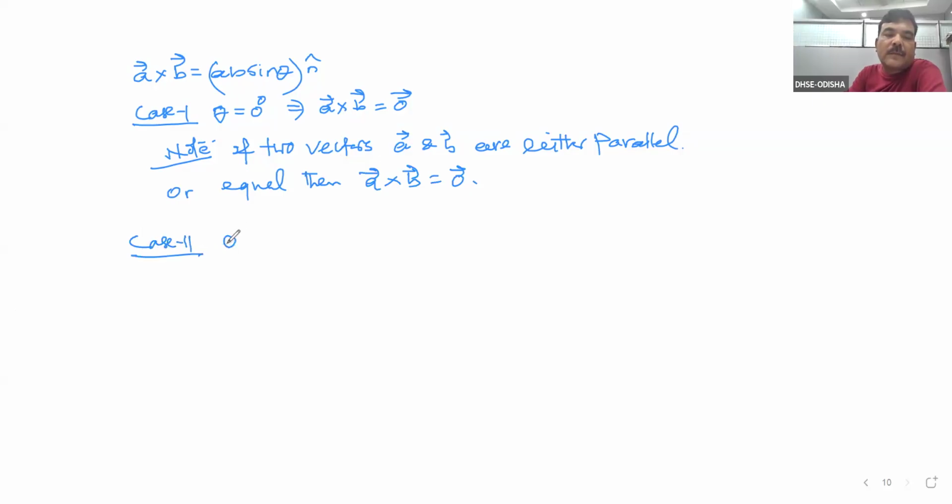90 degree. Theta is equal to 90 degree. So A cross B will be AB sin theta, sin 90, into n cap. The value of sin 90 is 1. This is equal to AB into n cap. Right?